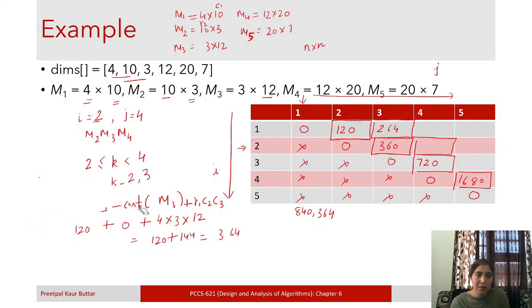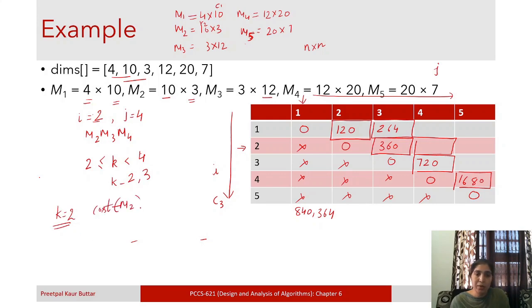So when you have k equal to 2, it means on one side you have matrices till 2. Okay. So it means m2 is there. Then you have the cost of the remaining matrices, k plus 1, that is m3 till n, m4, plus the cost of multiplying these two subproblems together, which will be r2, c2 and then cn, that is c4.